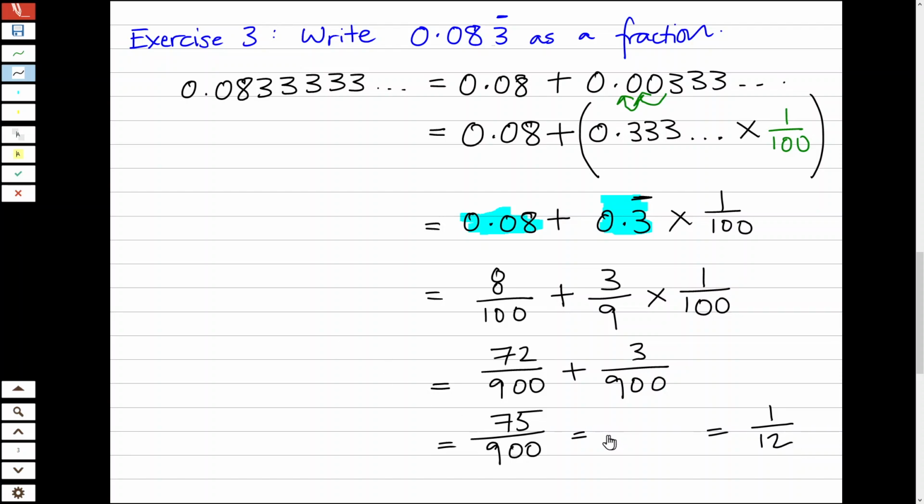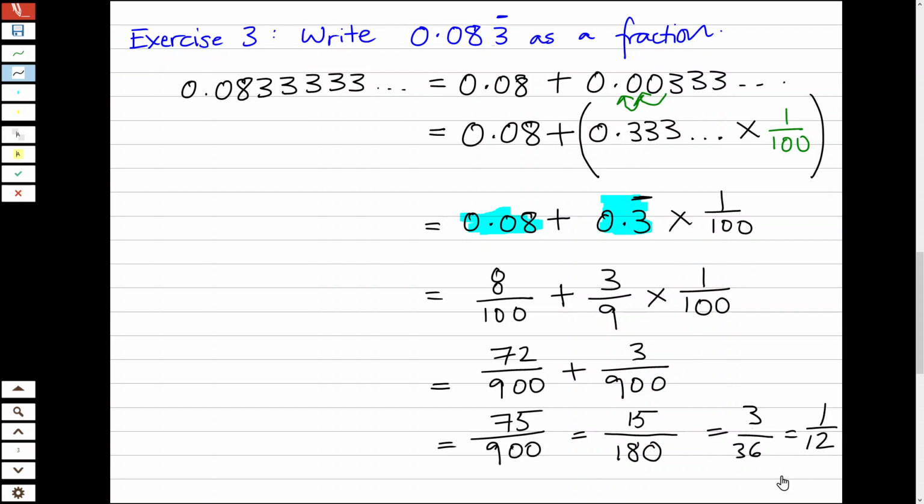Okay. So if you divide by 5, you get that. If you divide by 5 again, you get that. 3 on 36, and then 1 on 12.